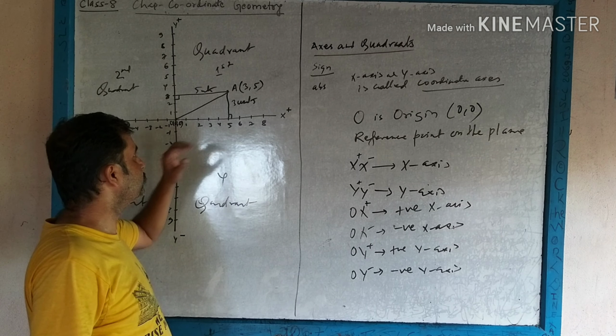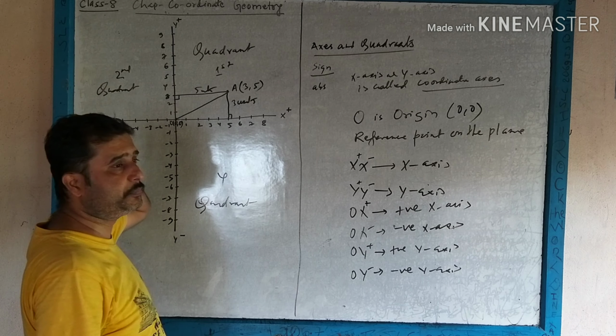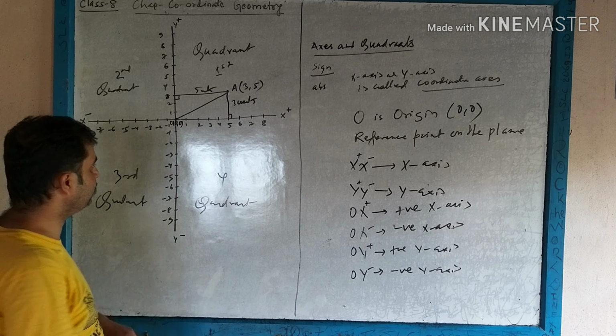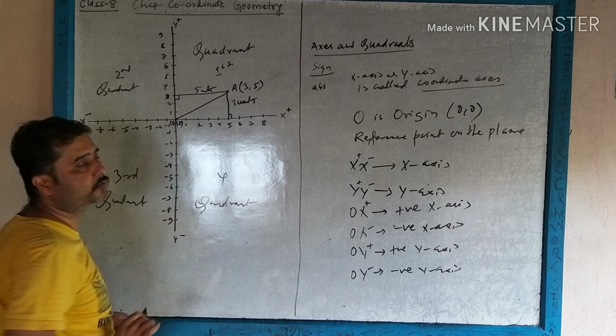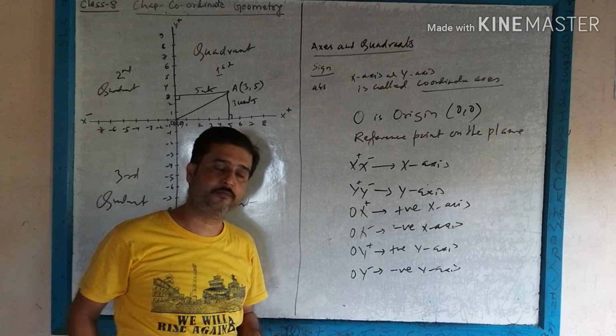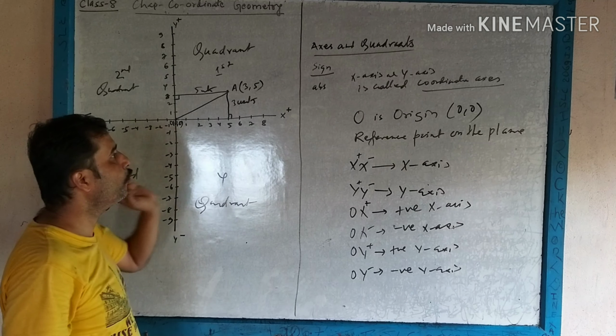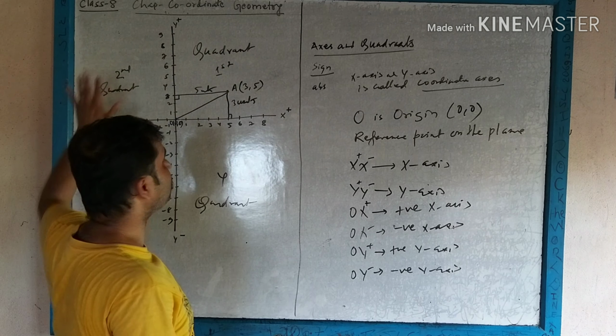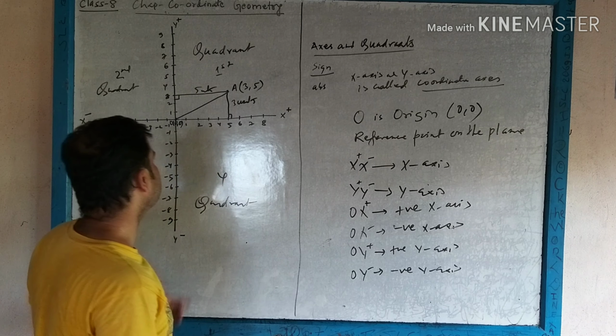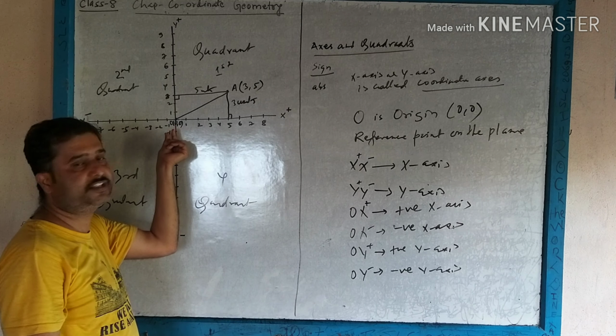So you have understood this. Any point on this plane, wherever you take it, is measured and calculated from the origin. That's why the origin is called a reference point. All the points on the plane are measured with reference to the origin.